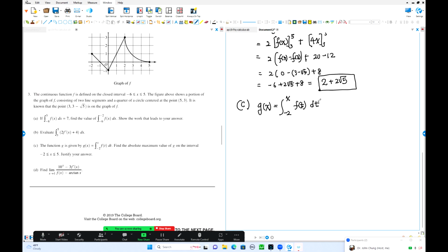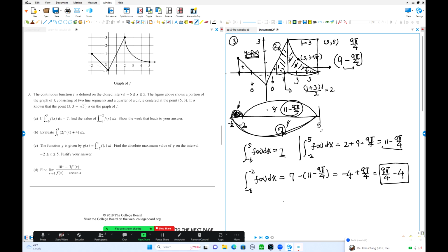So find the absolute maximum value. The absolute maximum is the highest point from negative 2 to 5. You're going to check it out. From here, we look for the highest point. Where is it? From here it is increasing, but the slope is decreasing, so it is concave down, increasing.